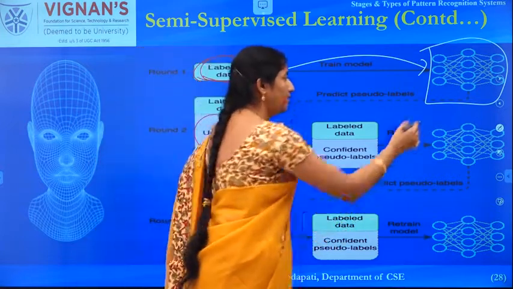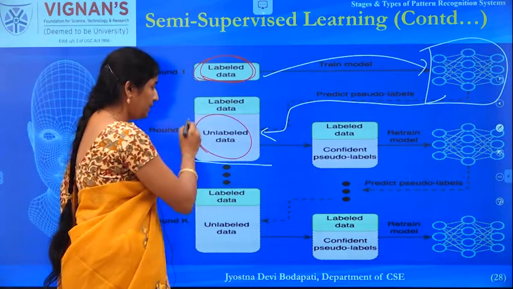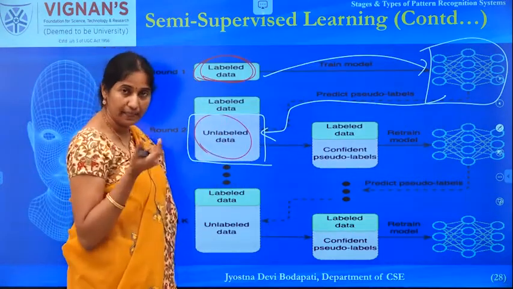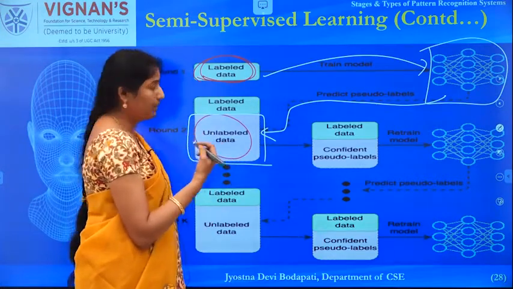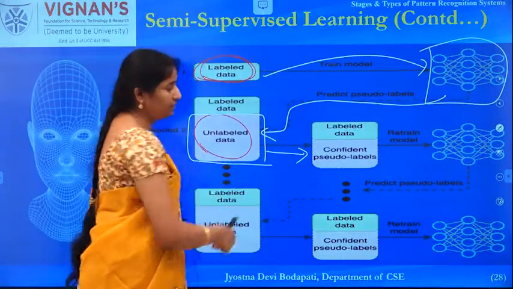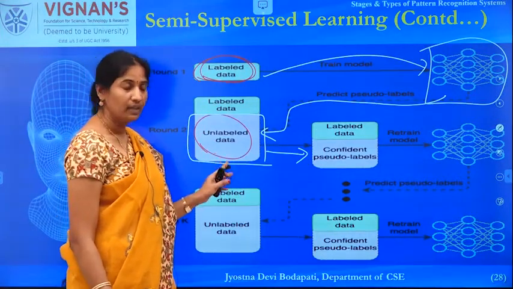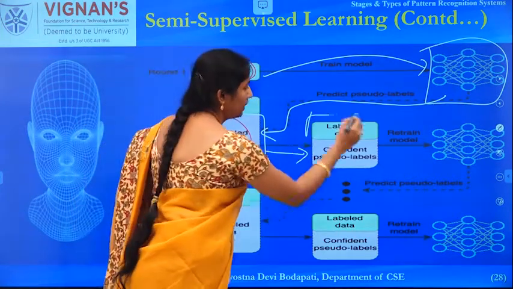After the model is trained, I apply it on the unlabeled data and get some predictions. After getting the predictions, I check the confidence of the labels that I get for the unlabeled data, and all the confidently labeled data I add to the labeled data.